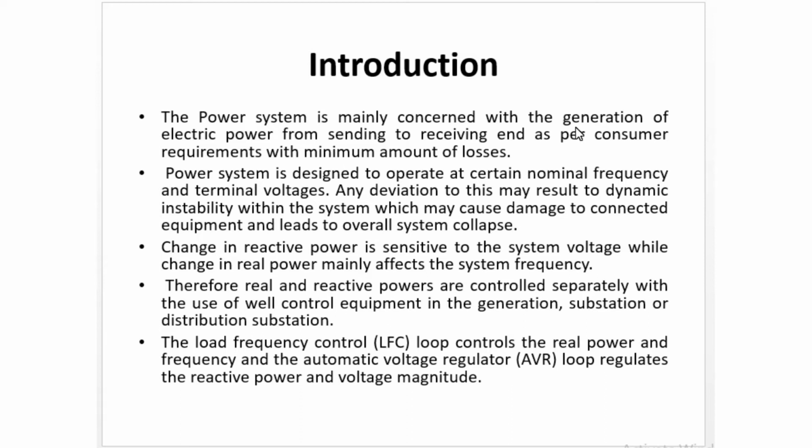Therefore, real power and reactive power are controlled separately with the use of well-controlled equipment in the generation substation or distribution substation. And the load frequency control loop controls the real power and frequency, whereas the automatic voltage regulator loop regulates the reactive power and voltage magnitude.